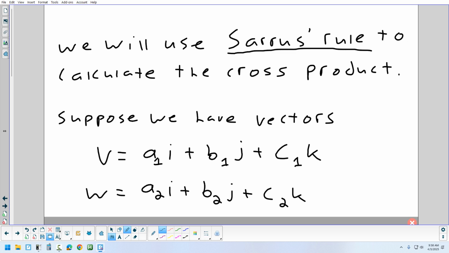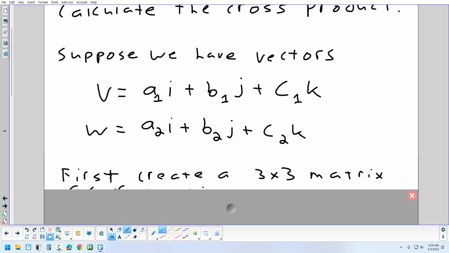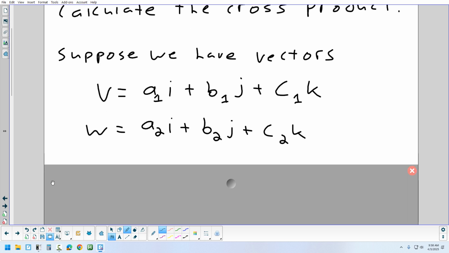So first of all, we are going to be using unit vector notation. V has the components A1, B1, C1, and W has A2, B2, and C2. What we're going to do is organize everything in a matrix.